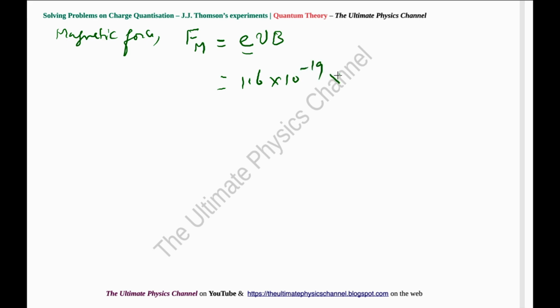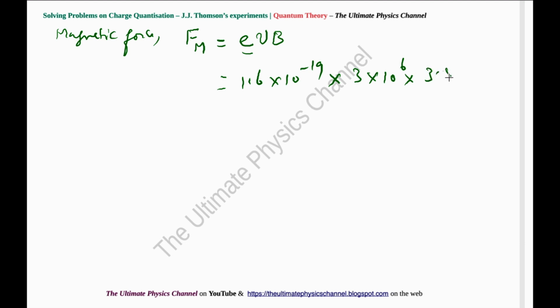What is the magnetic force now? The magnetic force, which we can call Fm, is equal to evB. This is the expression for the magnetic force on any charged particle. Here the proton charge is the electron charge e. So 1.6 times 10 power minus 19 is the proton charge, times the velocity, which is given here as 3 times 10 power 6 meters per second, times the magnetic field at that point.